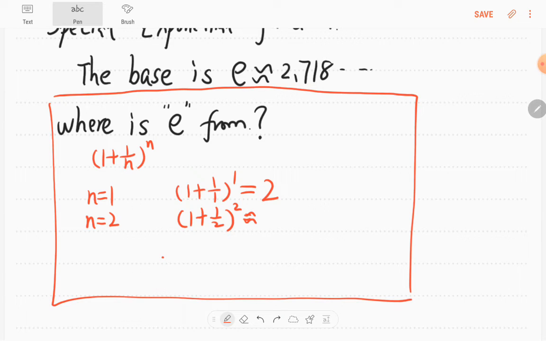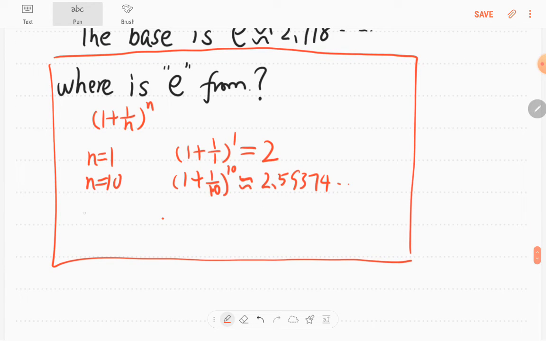Let's give more numbers, okay. Let's look at when n equals 10. So this is 1 plus 1 over 10, to the 10th power. So this one is about 2.59374 and so on.